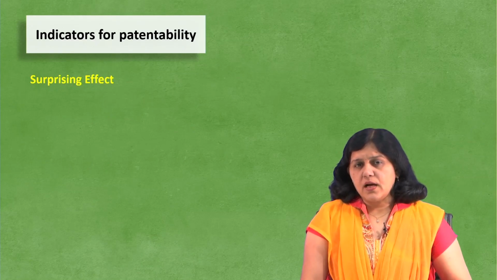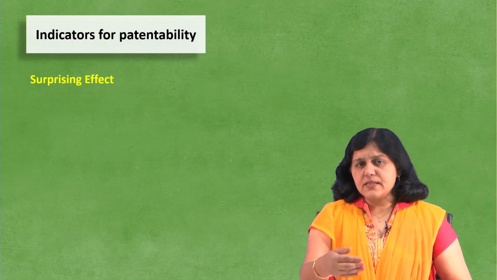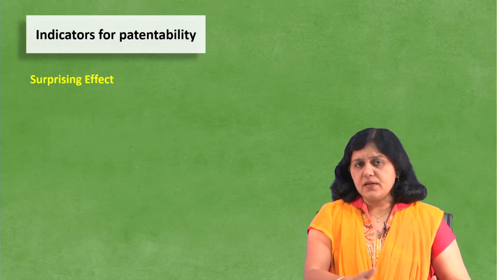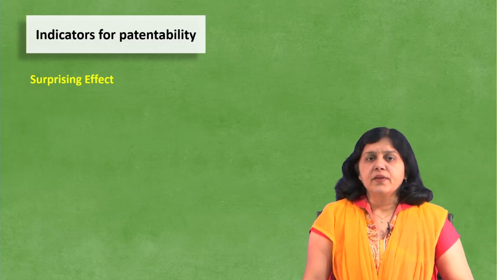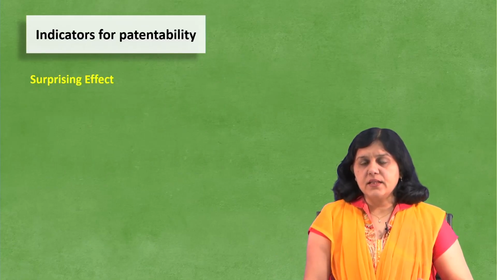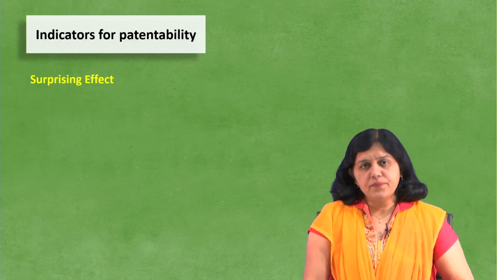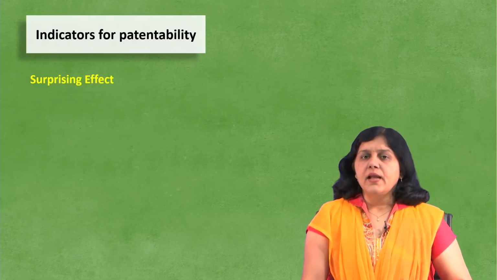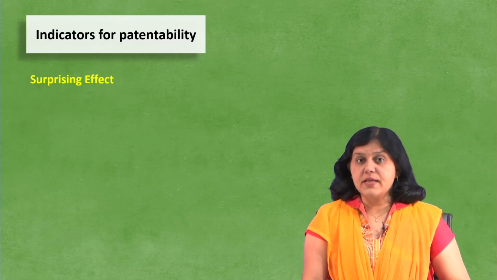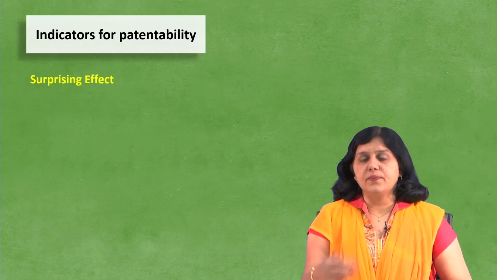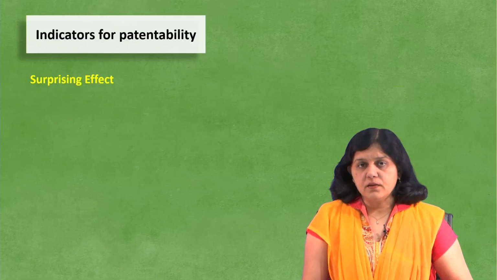So, on this basis, we have just seen the penicillin example: a surprising effect, and then it was patented in 1948 by another inventor, Andrew Moyer, although it was discovered by Alexander Fleming. So, this is one example of how a surprising effect can be used as an indicator for filing a patent.